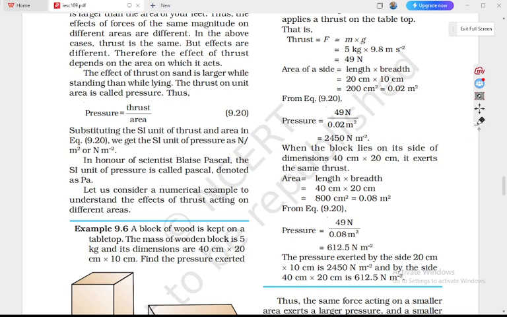The result is, the thrust on unit area is called pressure. Pressure equals thrust by area, that is, force by area.